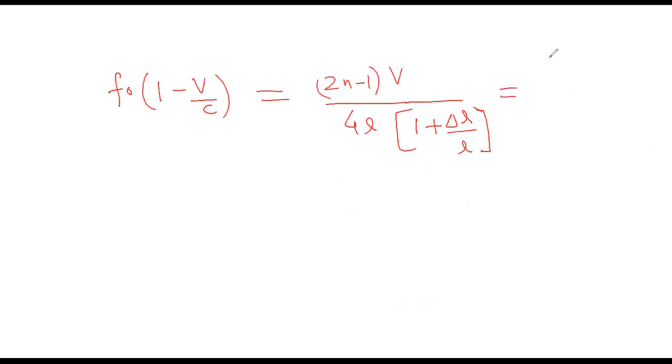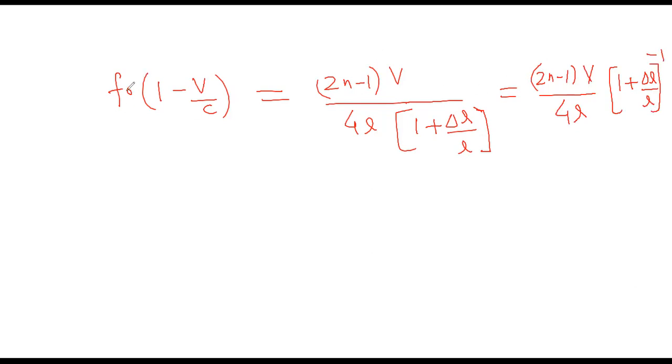so this will be equal to (2n minus 1) v by 4l into (1 plus delta l by l) raised to minus 1.